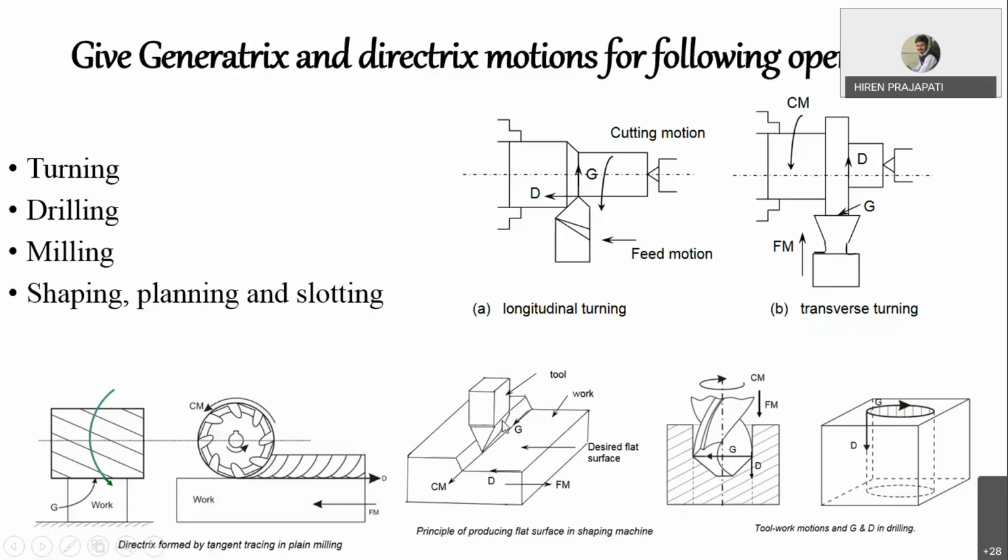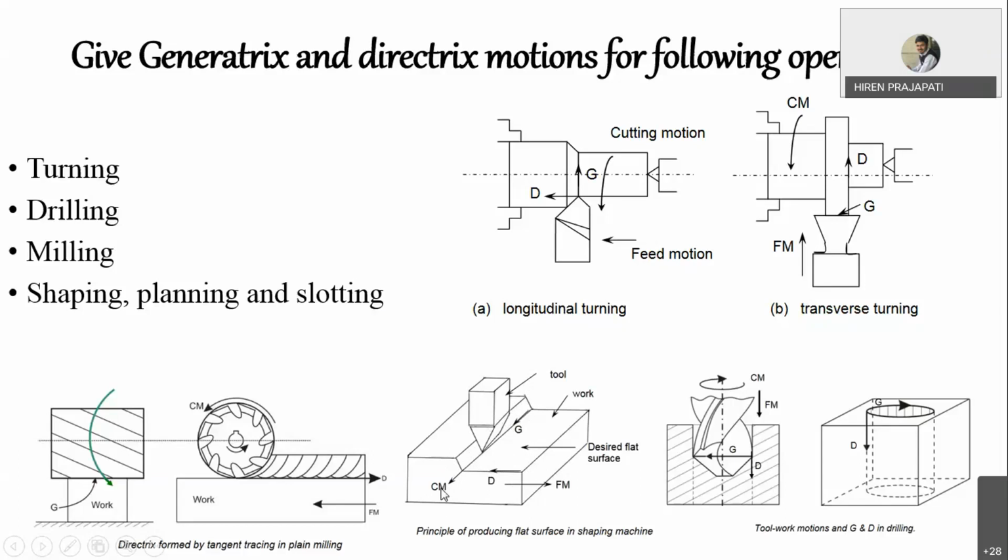Then and only then does cutting take place. That's why this reciprocating tool movement of a shaping machine is called the generatrix. And I want a flat surface along this width. Then there is movement of the table, because your workpiece is fixed on the table. So intermittent motion is given to the table.